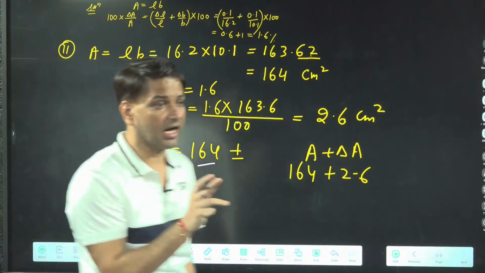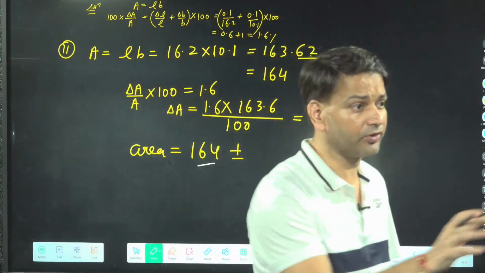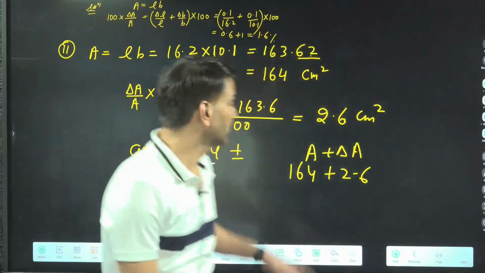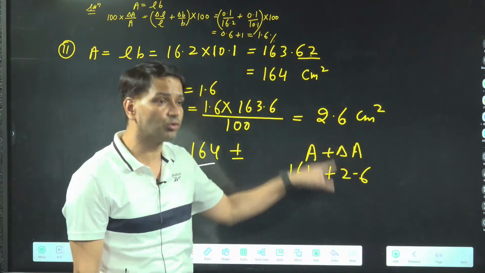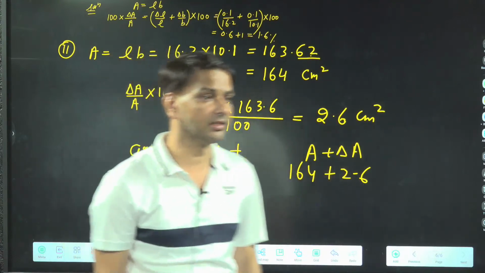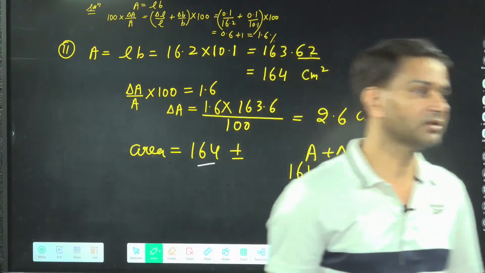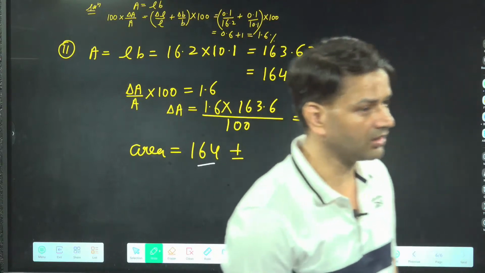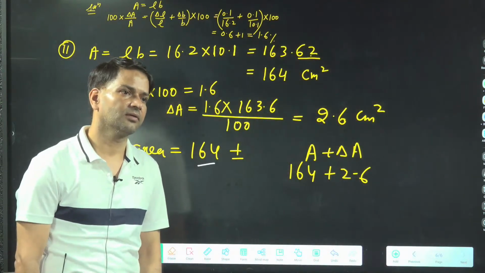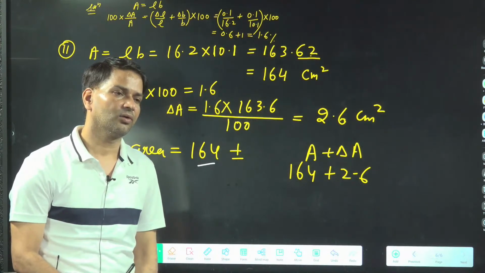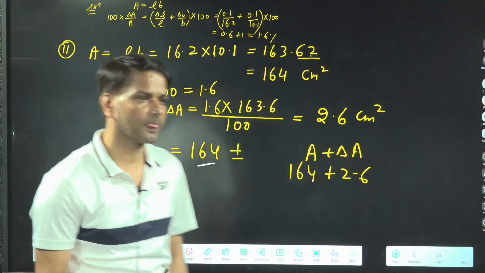So it means I have to write the error without a decimal place. That's why here I will not write 2.6. I will round it off and say it is 3. So 164 plus minus 3, that is the area with the error. Everybody got it or not?